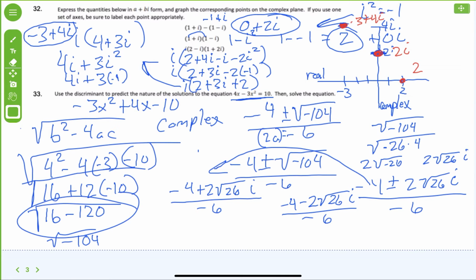So that's 2/3 plus the square root of 26i over 3, and then we would have 2/3 minus the square root of 26i over 3. Yep, there you go.